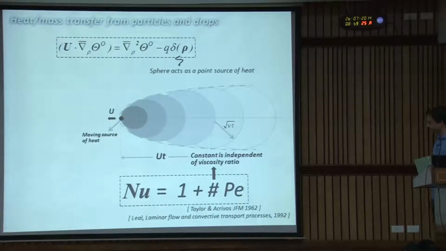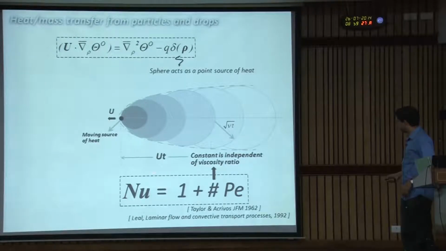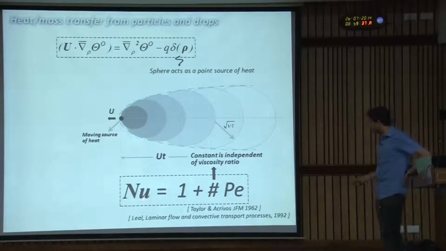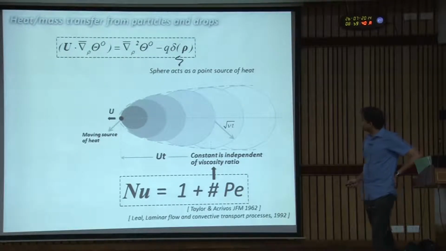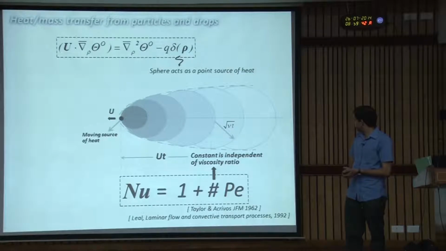and what you will find is that the Nusselt number increases by an amount proportional to Peclet. Okay. Now, this seems sort of obvious, but it's not so obvious if you think about it. You say that the Nusselt number must increase with Peclet regardless of the direction of the flow.